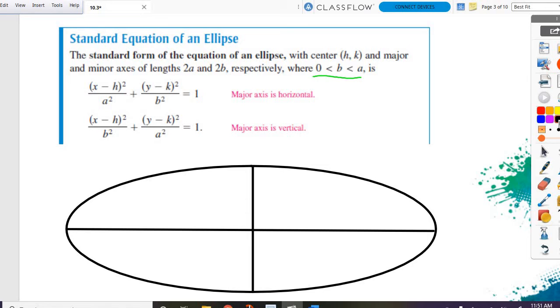So let's label some things. So we have two vertices, just like we had before. And remember that they are along our major axis.